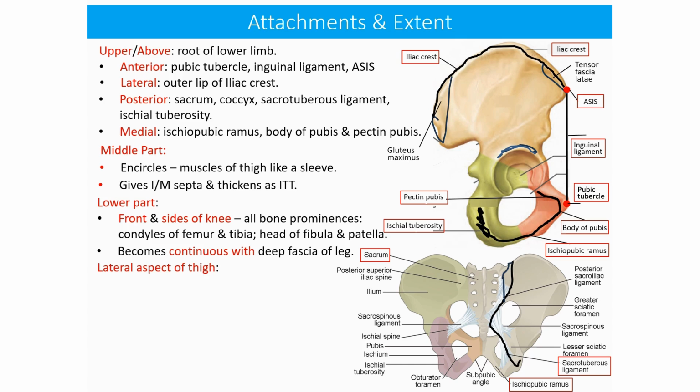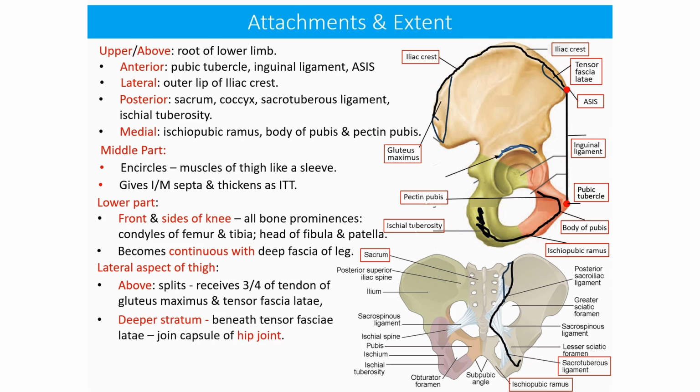On the lateral aspect of the thigh in its upper part, fascia lata splits into two layers and receives on the posterior part the three-fourths of the tendon of the gluteus maximus, and on its anterior part the tensor fascia lati muscle.